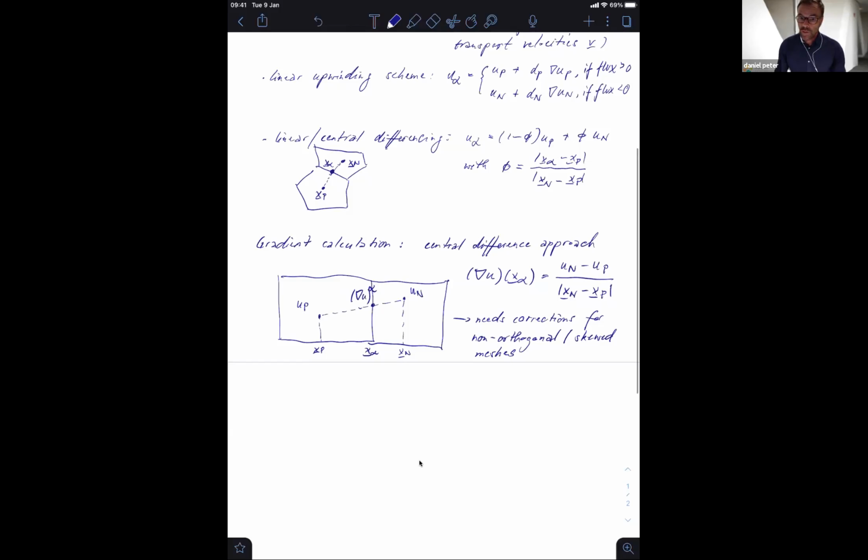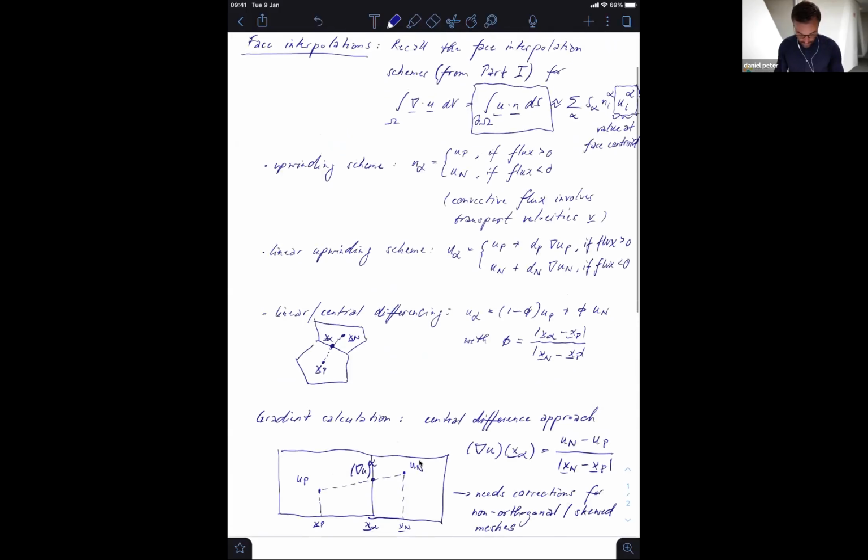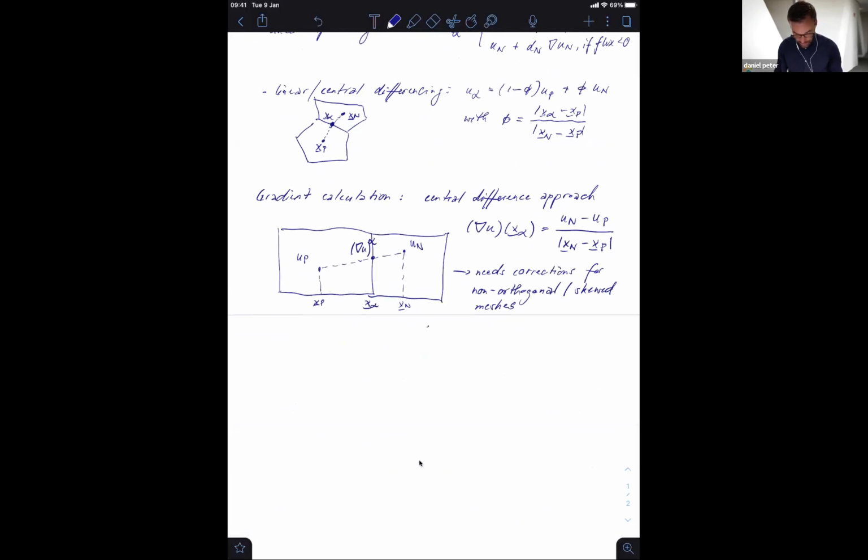So for the gradient calculation, the idea here is we have the divergence of a gradient of U. And with the finite volume approach, we then express this as the integral over the surface and have expressions like that.